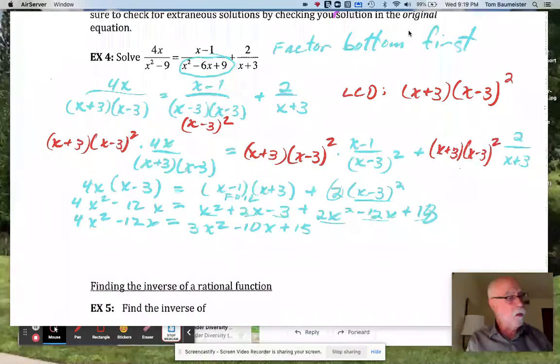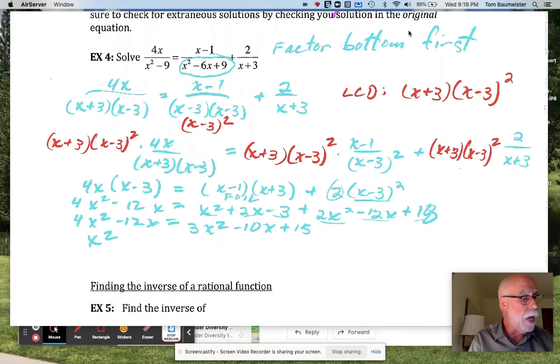Now let's set everything over to the other side and set it equal to 0. So I'll have 4x squared minus 3x squared. That'll give us x squared. Negative 12x minus negative, or plus 10x, that would give us minus 2x. And then when I bring that 15 over, it's going to become negative. And I'm going to set it equal to 0. And let's see here.